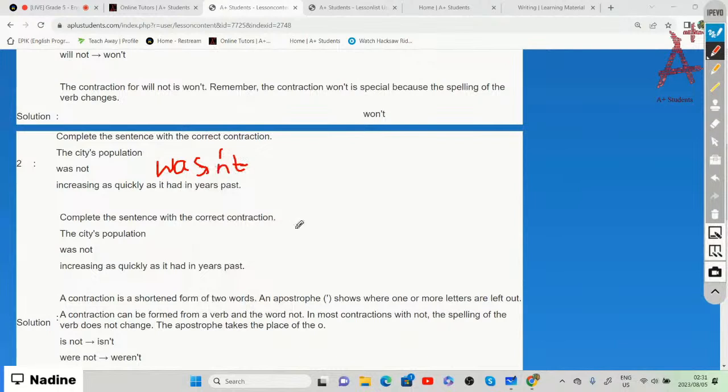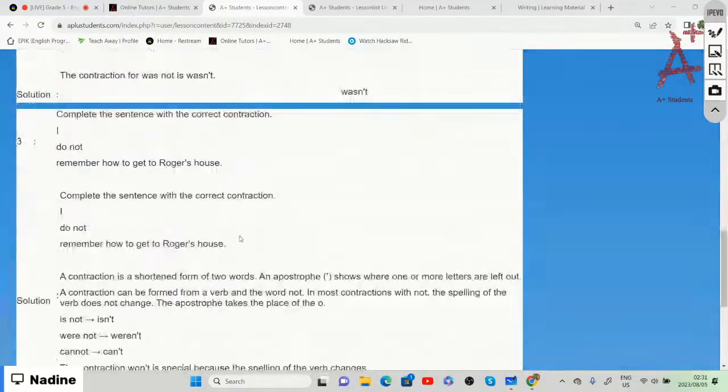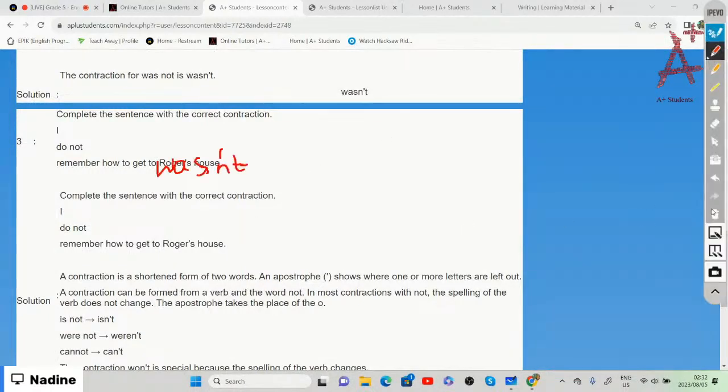And then we already have the was not because I wanted to reread that sentence. You need to complete the sentence with the correct contraction. I do not remember how to get to Roger's house.